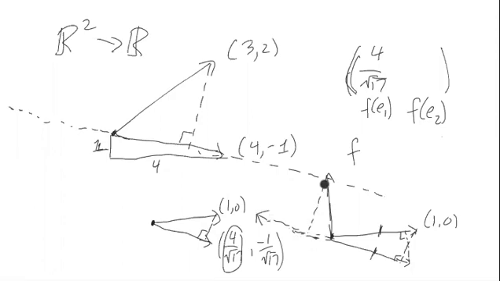Okay, so it's the same idea. So the projection here will be the same, along that line right there. So the projection one way should be the same as the projection going the other way.